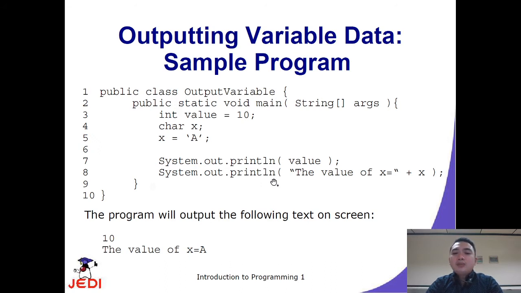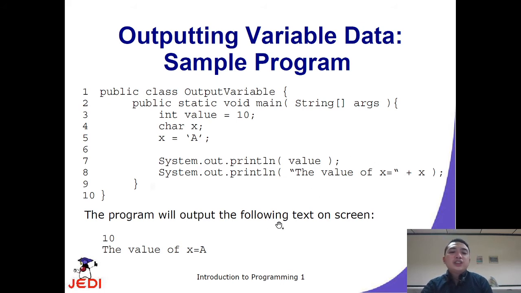Then System.out.println, "the value of x is equal to", and you enclose it with double quotes because that is just a message. So you can do it like this, with a message like the value of x. Then if you want to print the actual value of x, you concatenate it with the plus operator inside the println method, and then you write the variable.